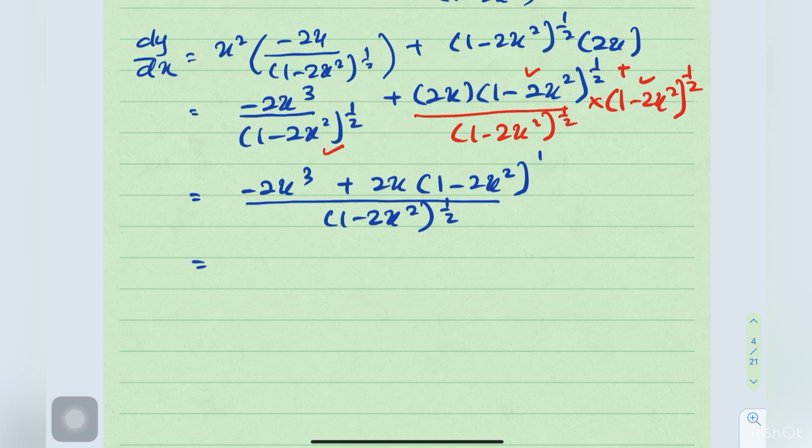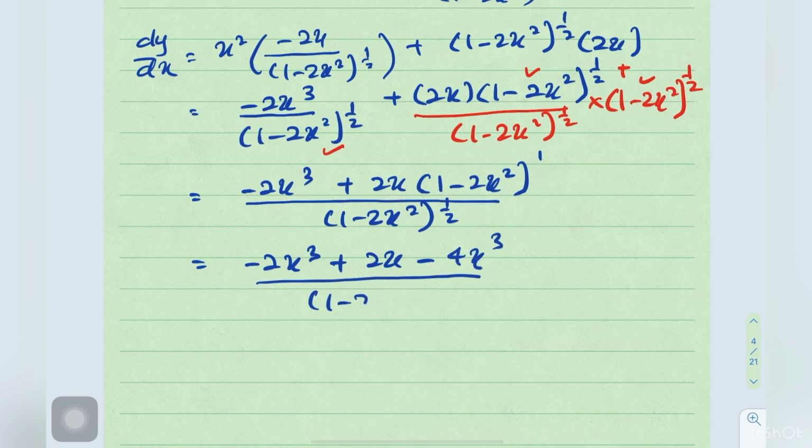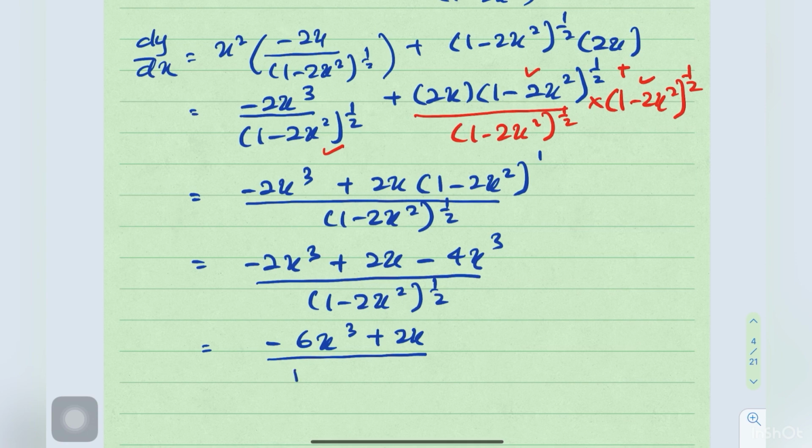Okay, so the rest you just simplify. We get negative 2x cubed plus 2x minus 4x cubed over (1 minus 2x squared) to the power of 1/2. So we simplify: negative 2x cubed minus 4x cubed is negative 6x cubed plus 2x, over the square root of (1 minus 2x squared).